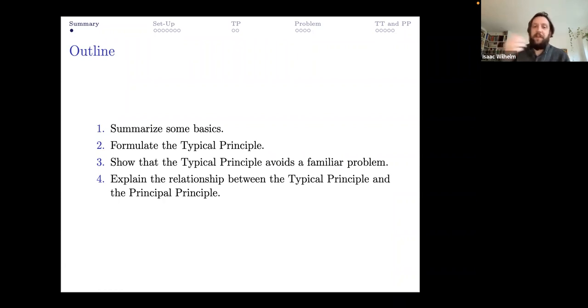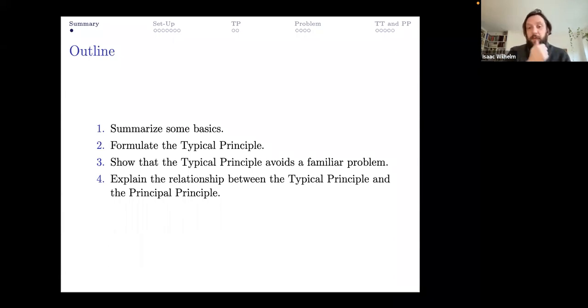And I'll also briefly mention other principles that I have endorsed, and that many of the people who are here today have endorsed, that are all very much similar in spirit and sympathetic to the basic idea of the typical principle. Finally, I'm going to spend a little bit of time talking about the relationship between the typical principle and another much more well-known principle of rationality, which establishes a link between facts about chance and rational credences.